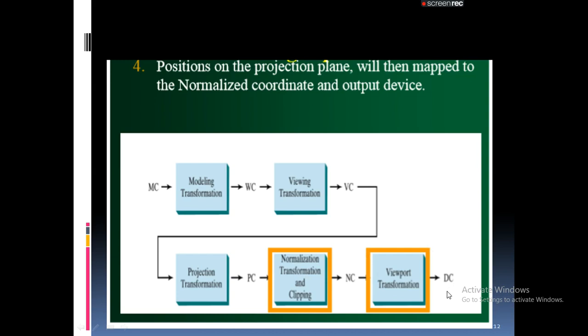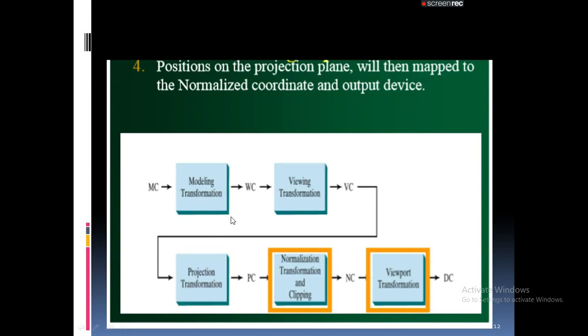Once you map your normalization coordinates to viewport coordinates and viewport coordinates to device coordinates, whatever image you created can be displayed on the screen of the monitor. So these are the series of transformations we are supposed to perform in case of three-dimensional viewing.